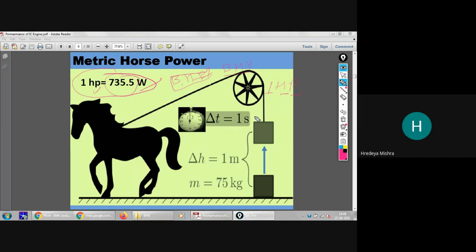This is about horsepower, because engine power is measured in horsepower. So this is all about the horsepower.